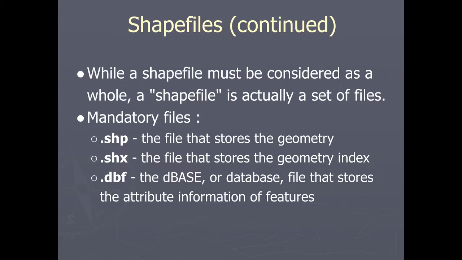And the way that the shapefile keeps up with which record in that attribute table is associated with which point, line, or polygon is the SHX file. That's a file that indexes between the two, the spatial data and the tabular data, and keeps them in sync. So the SHP stores the spatial data, the DBF stores the attribute data, and this SHX ties the two together.